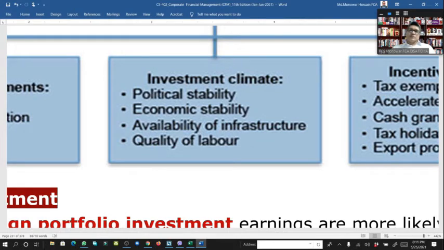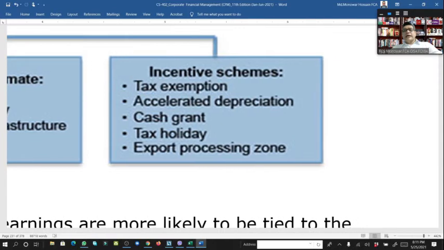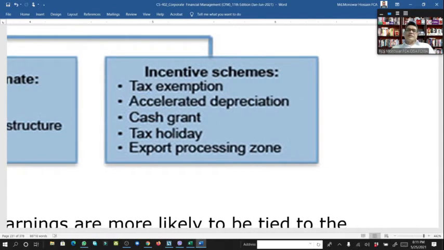Nigeria also. And economic stability, availability of infrastructure, quality of labor. If there is no qualitative labor, how will you invest, that means establish the factory? So that type of item, that means investment climate, is required to choose a country. And incentive scheme, for example, tax exemption.